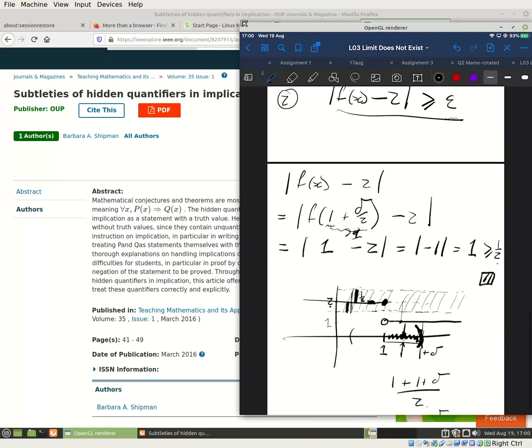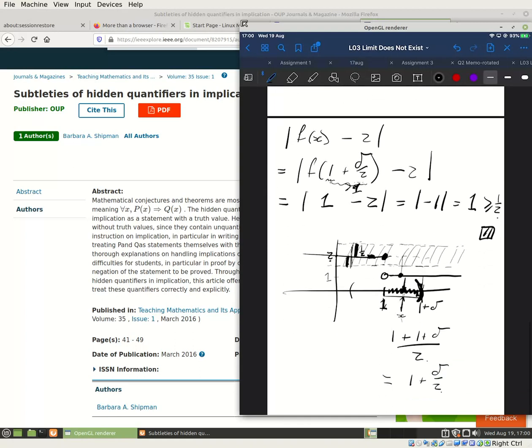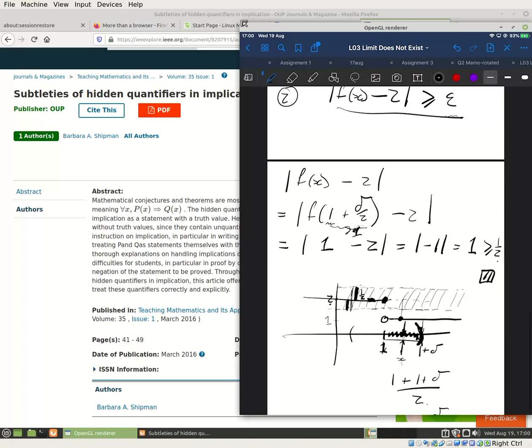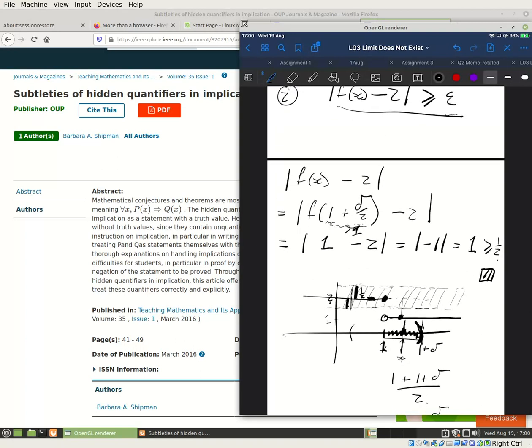So here we're taking our x to be the average between 1 and 1 plus delta, explicitly as that, and looking at the function value, we're looking at the distance from the value 1 to 2, and we see that this distance is equal to 1, which is bigger or equal to the epsilon that we took.